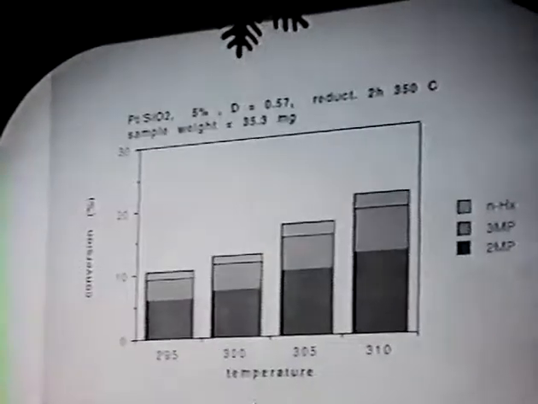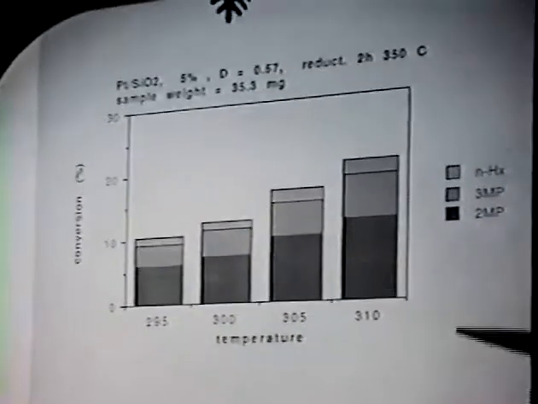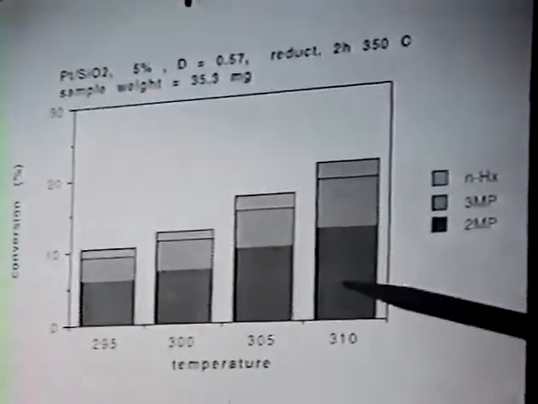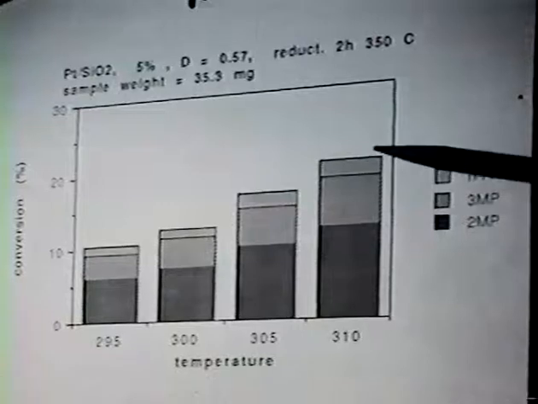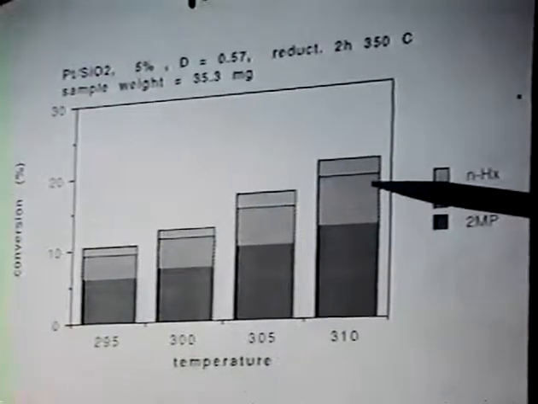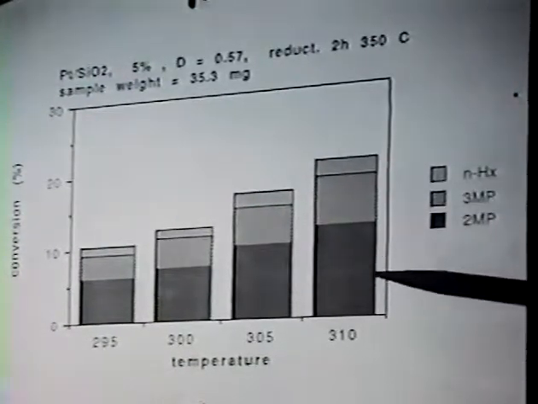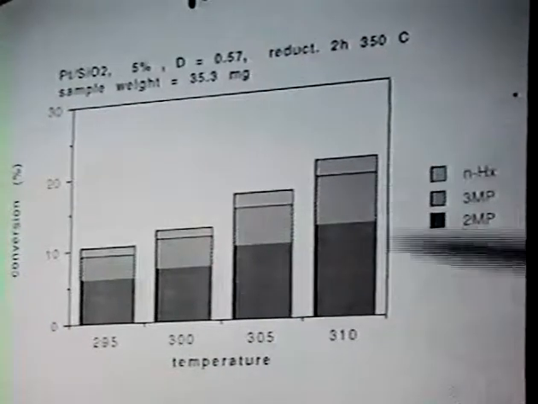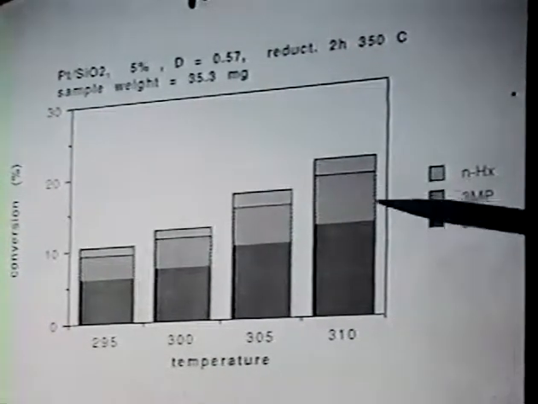These are results of platinum on silica, and I guess this is the 2-methylpentane, and this is hexane and 3-methylpentane. So the prediction would be if there's a geometric effect, you expect to increase the hexane at the expense of 2-methylpentane. And in fact, something like that actually happens.